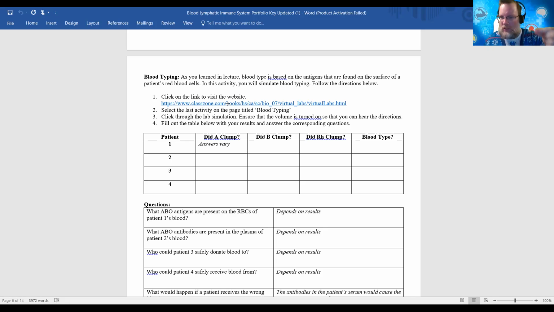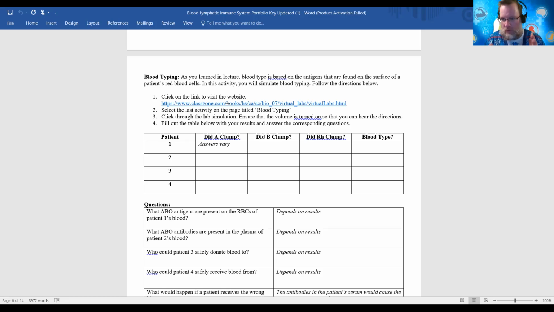The first drop of blood you'll put anti-A antibody. The second drop, you'll put anti-B antibody. And the third drop, you'll put anti-D, which is the RH factor, which we'll get to in just a second. If in the first 2 you get no clumping in either one of them, then that's O blood type.